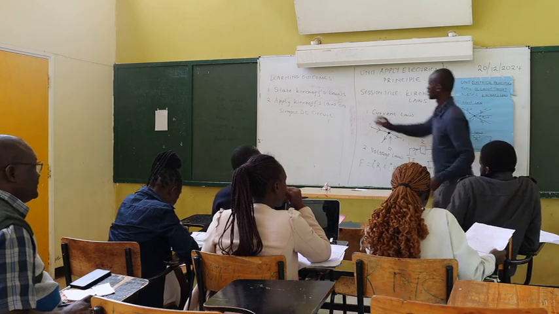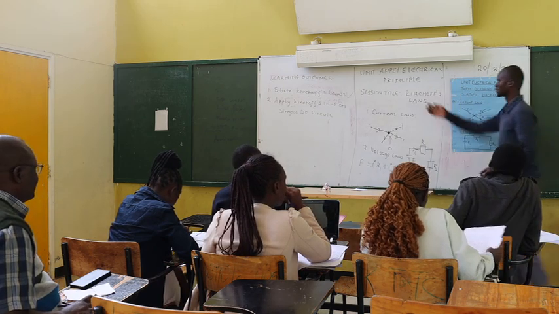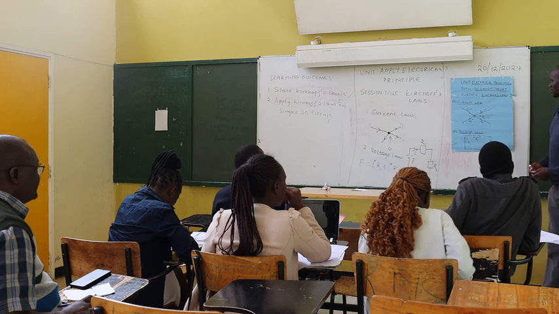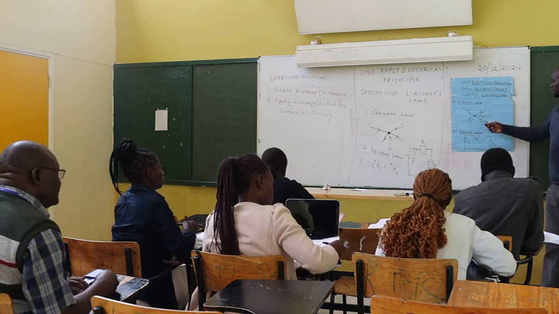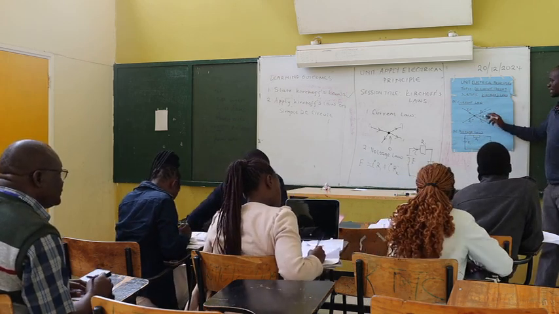Now, from the chart, we have already defined Kirchhoff's current law and Kirchhoff's voltage law. So our first objective is met. We go to the application of Kirchhoff's current law. Now note down in your books. From this diagram, we have currents entering and currents leaving.